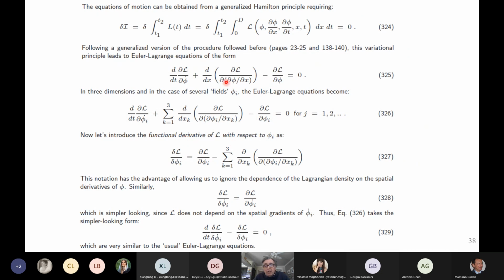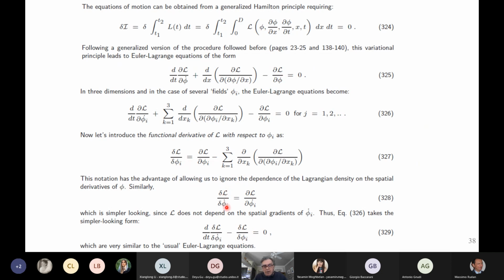Okay, to simplify the notation, but that's just a convenience, I define this funny delta, the functional derivative of the Lagrangian density with respect to phi, as this object. I lump this middle term with the first term, and I call this entire object the functional derivative of L with respect to phi. And then this is what I have.